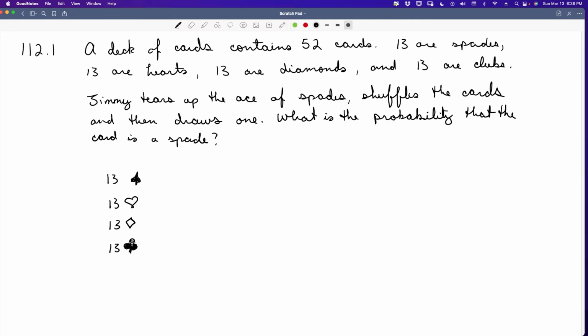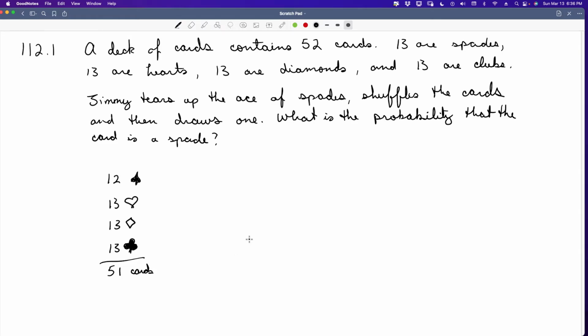All right. So we had a total of 52. But then he took one of the spades, the ace, and he tore it up. So now we have 12 spades. And that changes the total from 52 to 51 cards.